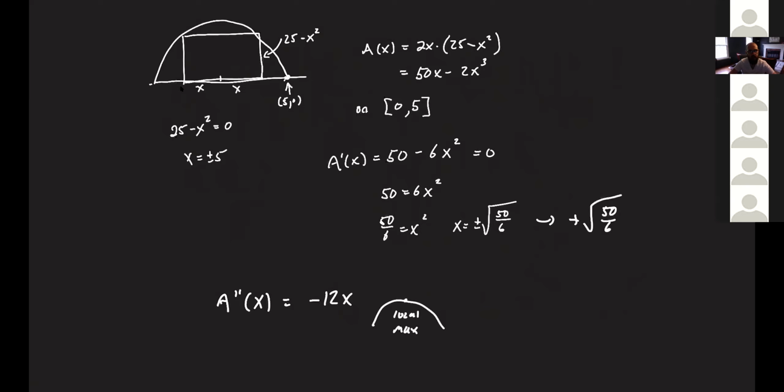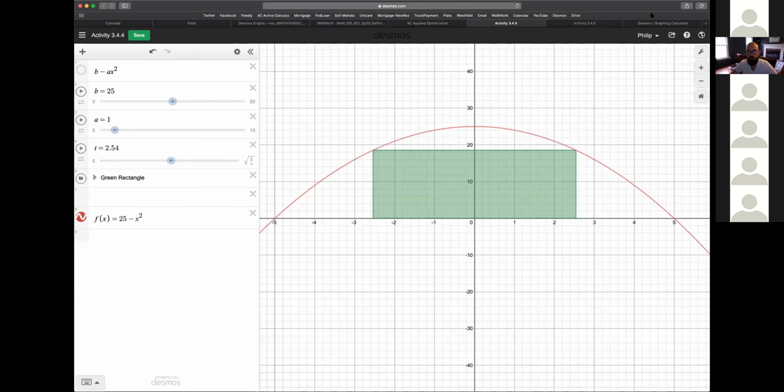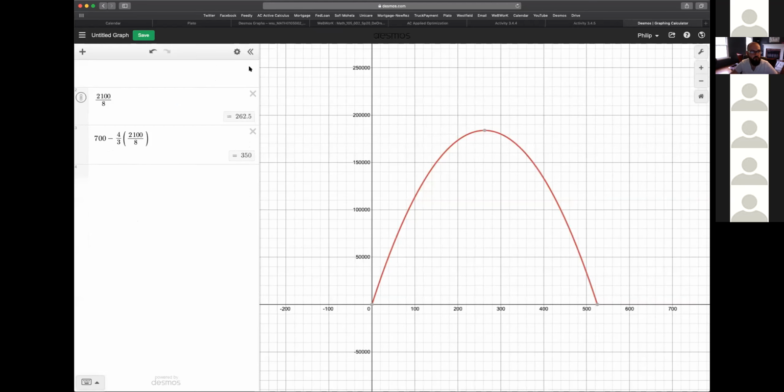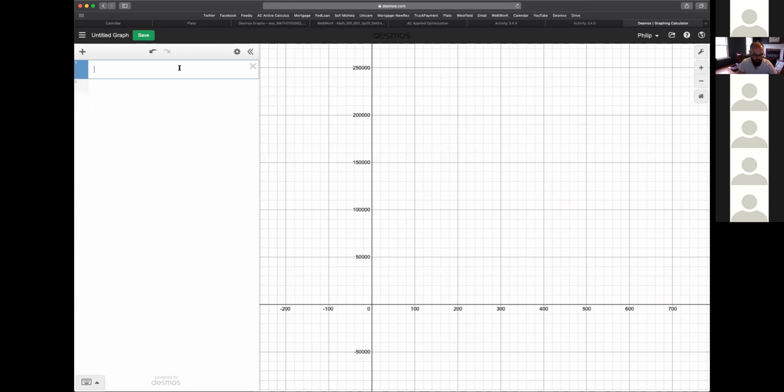So let's go back to Desmos and let's see this. We have our area equation here. I'm going to open up a new Desmos window. I said our area equation was 2x times 25 minus x squared, and we wanted to view this on the interval 0, 5.